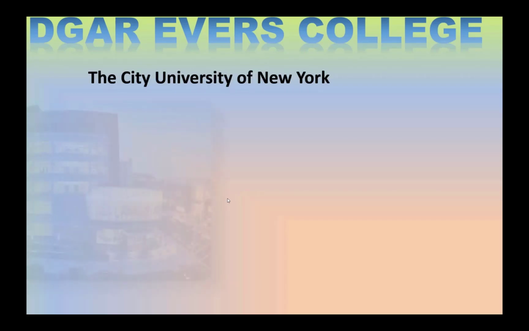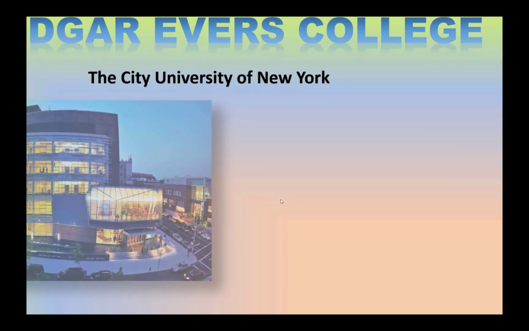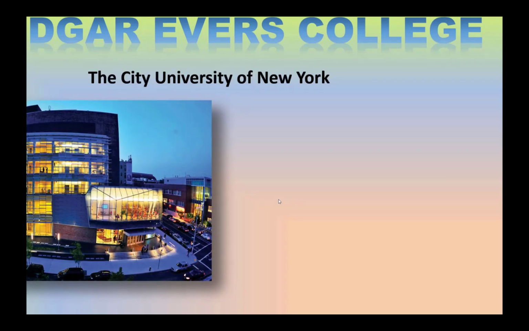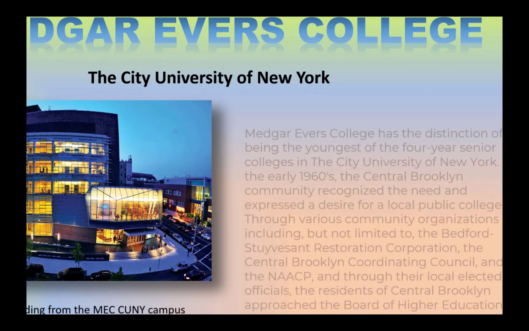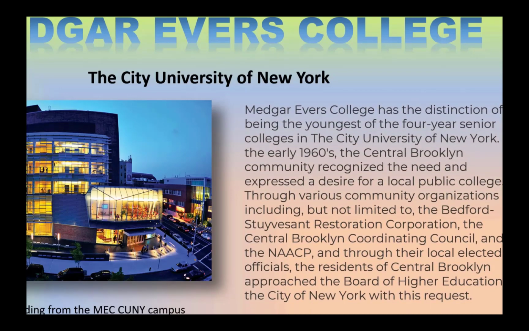So it was made in the famous Medgar Evers College. Applause, folks. Medgar Evers College is a beautiful place for learning, placed in the center of Brooklyn, and it has an extraordinary campus. And here you can see one of the buildings, which is Academic Building 1. And then, folks, you can read about the history of the creation of Medgar Evers College.